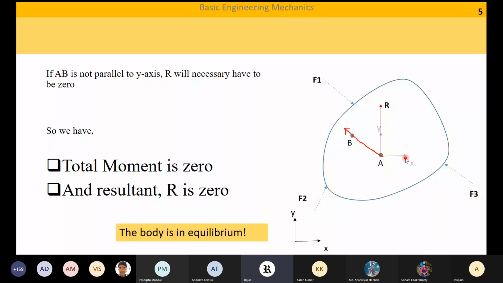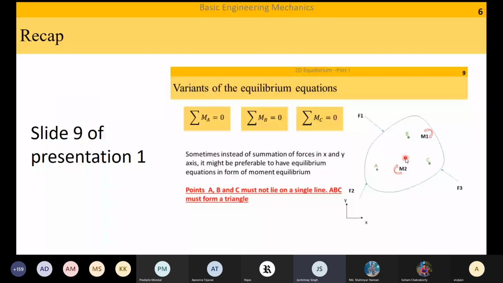Sir, if the body is in equilibrium, then Fx as well as Fy should be zero, no? Yes, but we are looking for 3 equations which guarantee equilibrium. There can be more than 3 equations, but they will be linear combinations of each other. You have to look for one set of 3 equations.